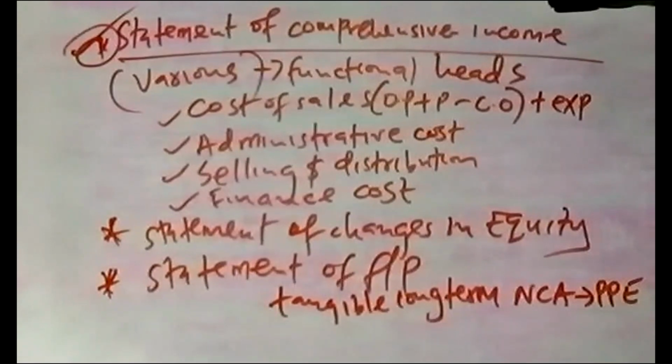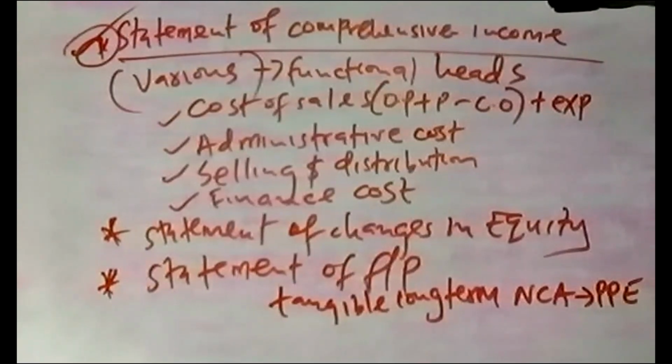During the exam, you should not write individual tangible assets under your non-current assets, but do a separate working. In the statement, just write property, plant, and equipment as one figure, which consists of all the tangible, long-term assets.